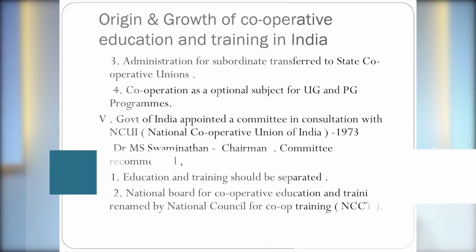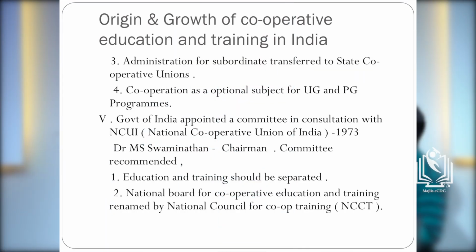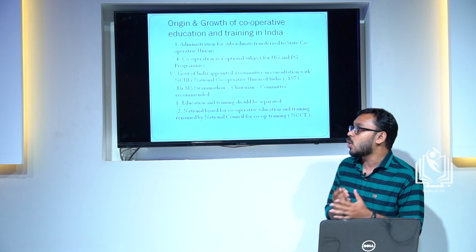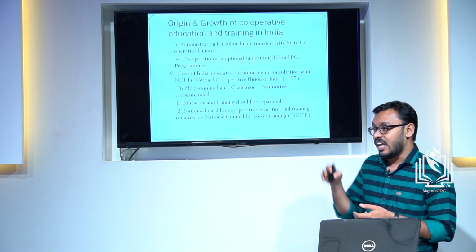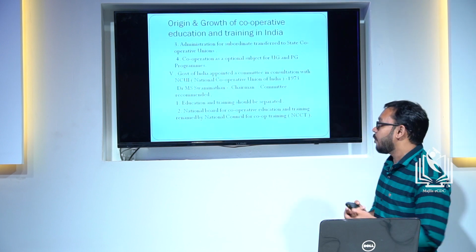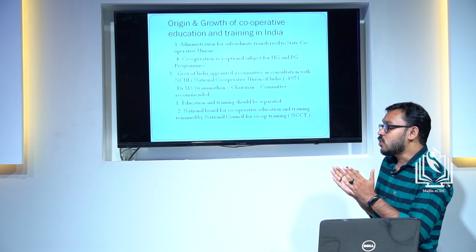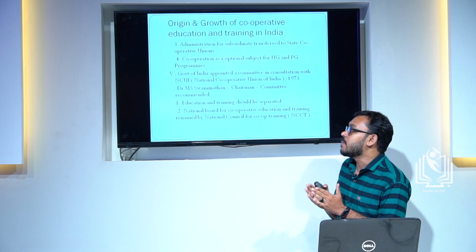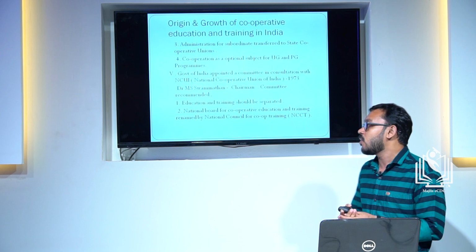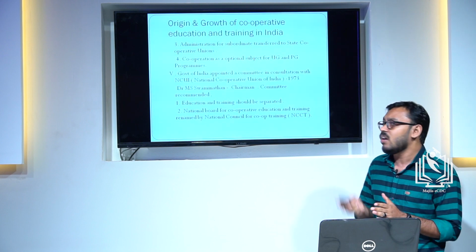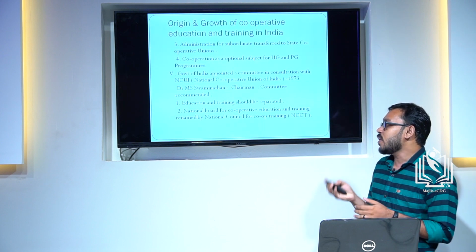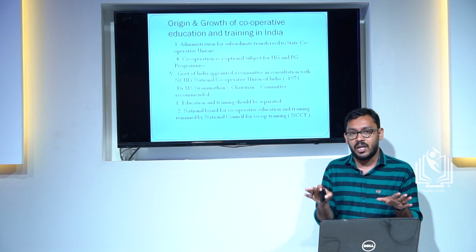Okay, moving to the fifth phase. The Government of India appointed a committee in consultation with NCUI, that means National Cooperative Union of India, in the year 1973, which was headed by Dr. M.S. Swaminathan. He was the chairman of this committee, and this committee recommended that education and training should be separated.